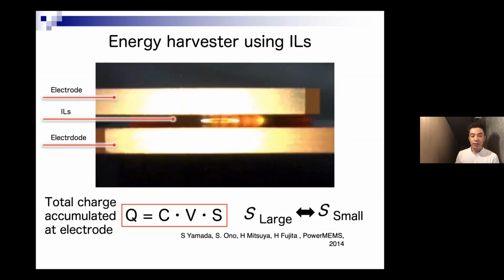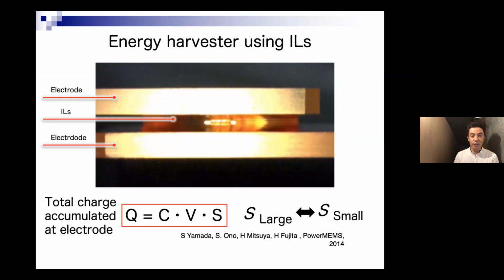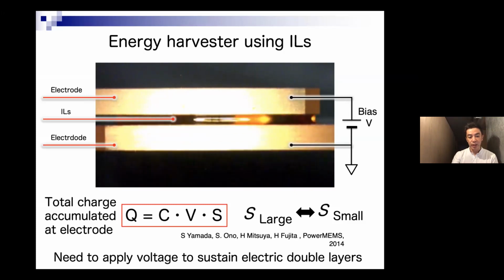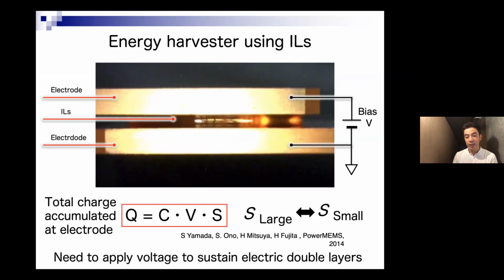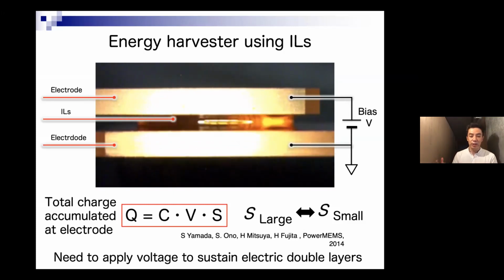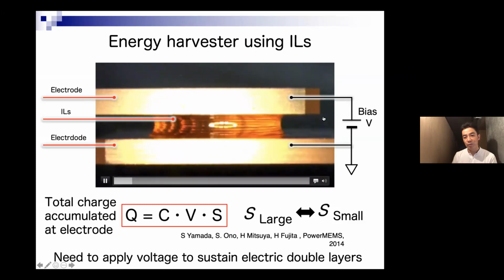So using this structure, of course, we can enhance the total carrier accumulated at the electrode. But still, we need to apply the voltage to sustain the electric double layer. So it is not a good idea because we want to create energy from the vibrations, but at the same time we need to apply a voltage.